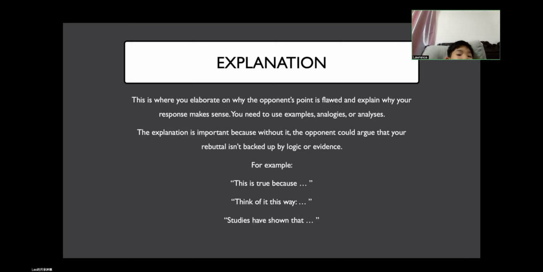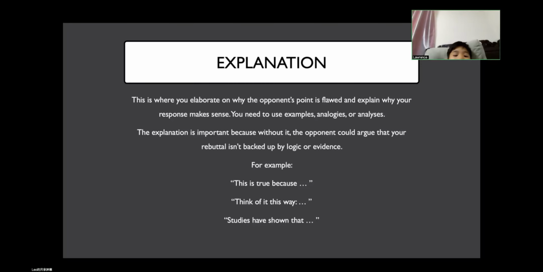Now, after the response, we have the explanation. This is where you elaborate on why the opponent's point is flawed and explain why your rebuttal makes sense. At this point, not only do you need to point out the logical fallacies in the opponent's point, you also need to use sufficient logic and examples or analogies in your own rebuttal.